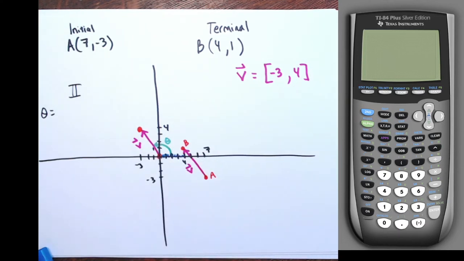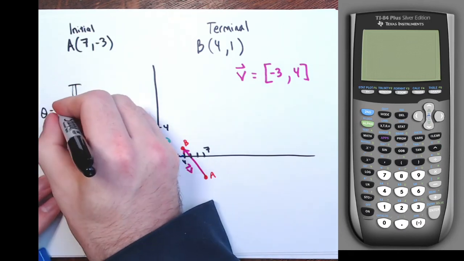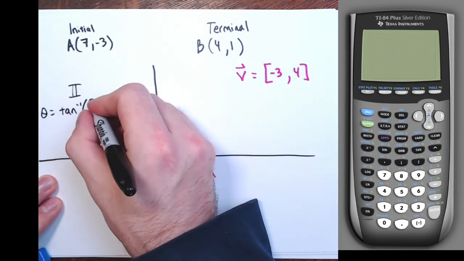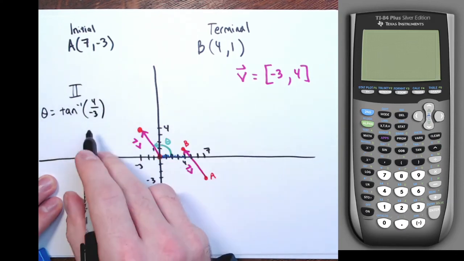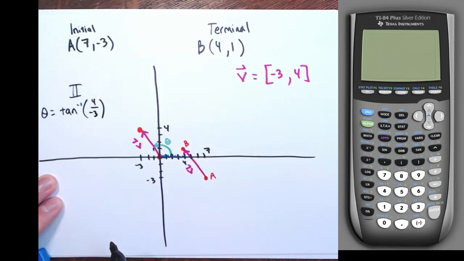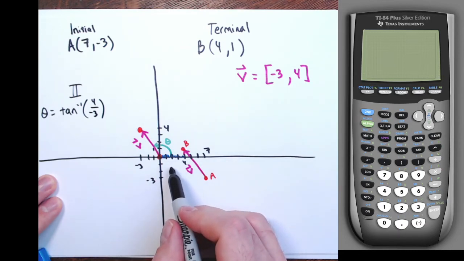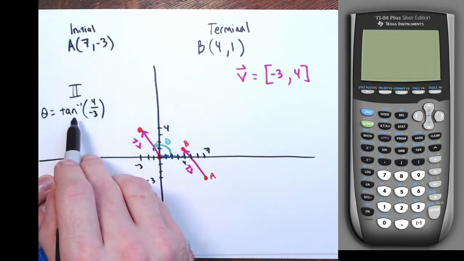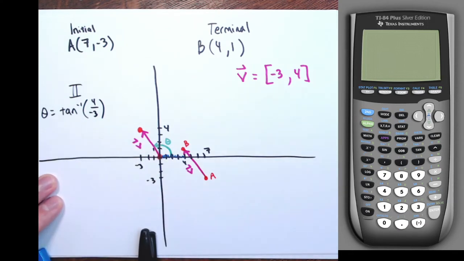When I do the inverse tangent of the second component divided by the first, so 4 divided by -3, this is going to be a negative number, some negative angle. And then I just add 180. Again, this is going to be a negative angle, and you can see it when I do this. Let me pull up the calculator again.